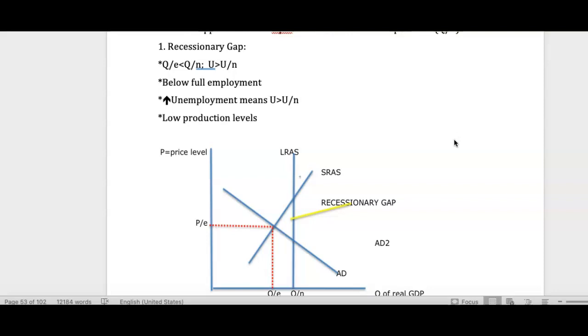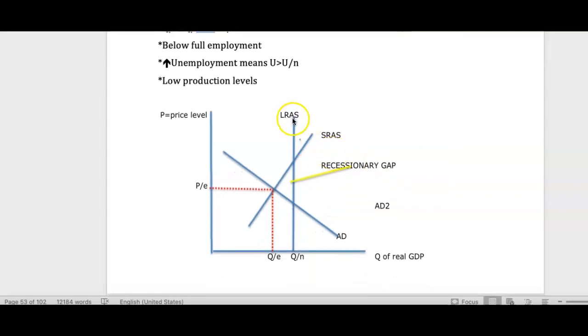So in a recessionary gap, this is our potential, the long run aggregate supply, and here we have Q sub N, the natural or potential rate of real GDP. But here is where we really are, all right? So this is where we potentially could be, but this is where we are. So here we're producing less output than potentially we could, all right?